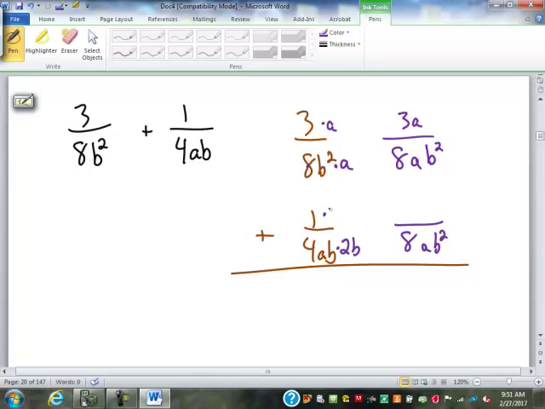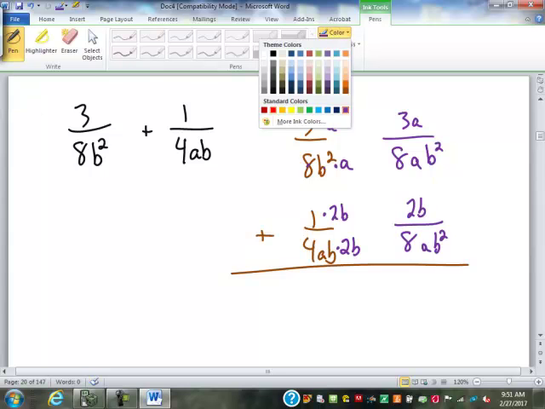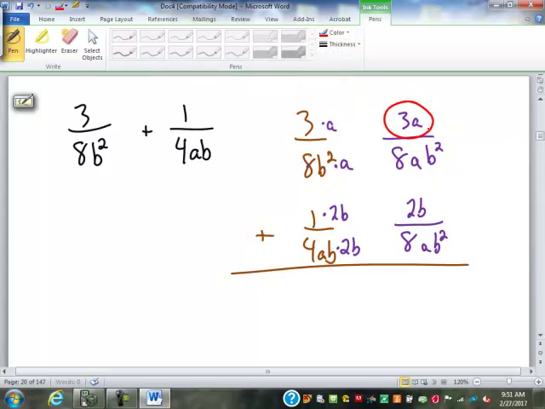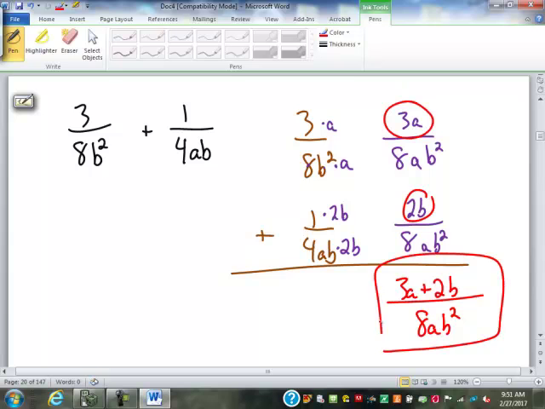So the numerator has to be multiplied by 2b. What's 1 times 2b? 2b. So it's 3a plus 2b over 8ab squared.